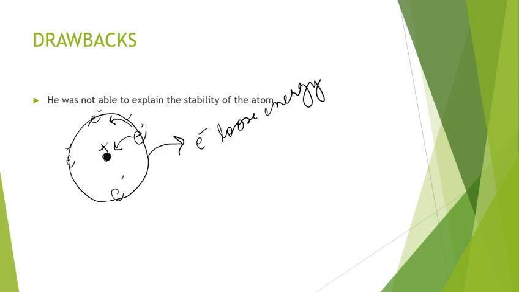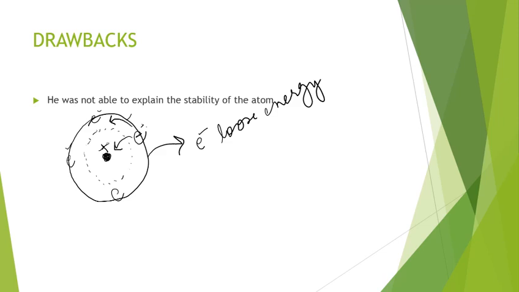This will result in a decrease in the orbital radius of the electron with each successive revolution around the nucleus, and it will be falling towards the nucleus.